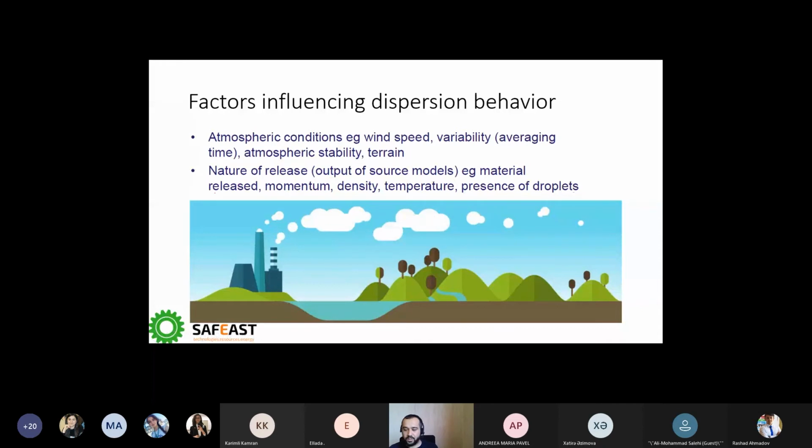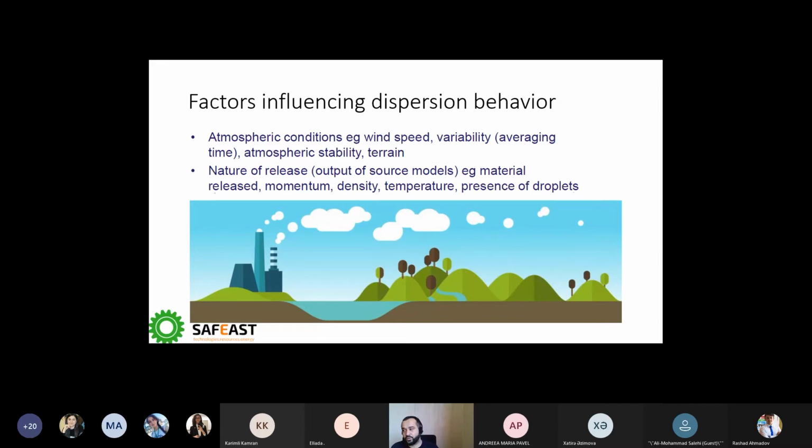There is also atmospheric stability, which plays a huge role in the dispersion. A stable atmosphere is very different from an unstable atmosphere, and we will discuss this: what it means in terms of stability and how it affects the cloud dispersion.